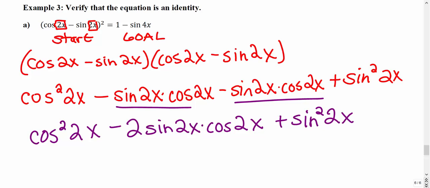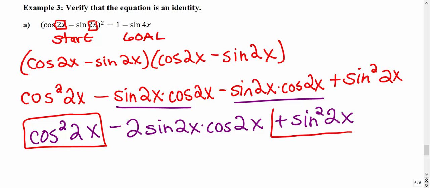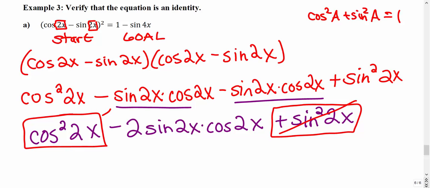First of all, we notice that we have cosine squared of an angle plus sine squared of that same angle. If we have cosine squared of some angle plus sine squared of that same angle, it looks like a Pythagorean identity, so this is equal to 1. So we're going to replace those two terms with 1.